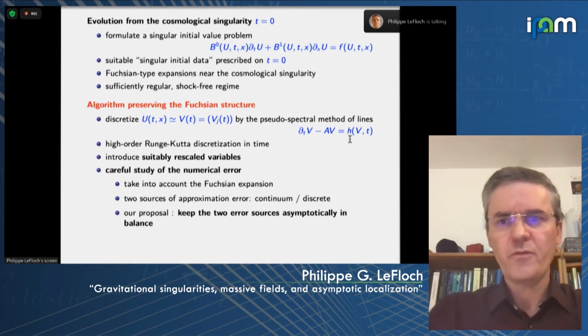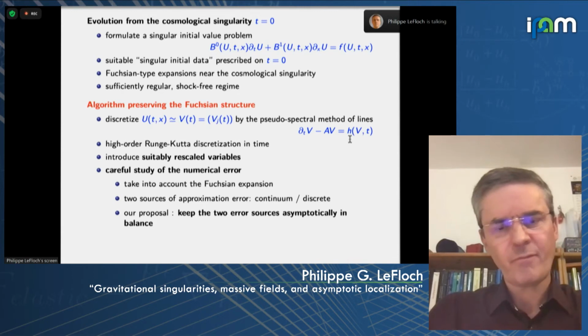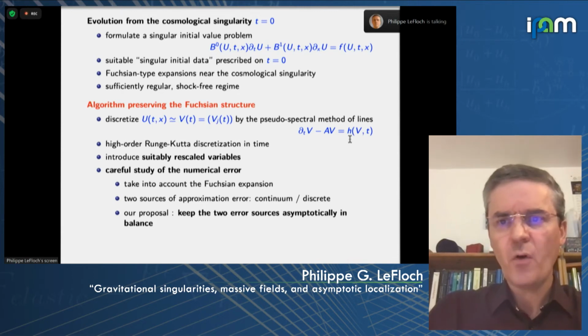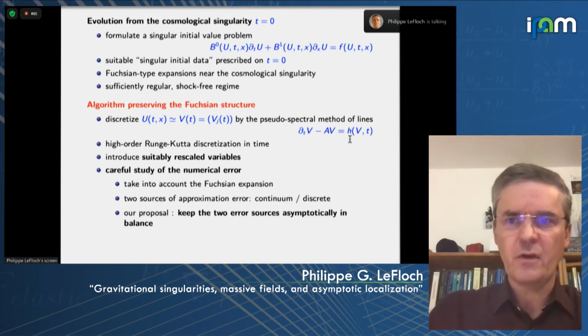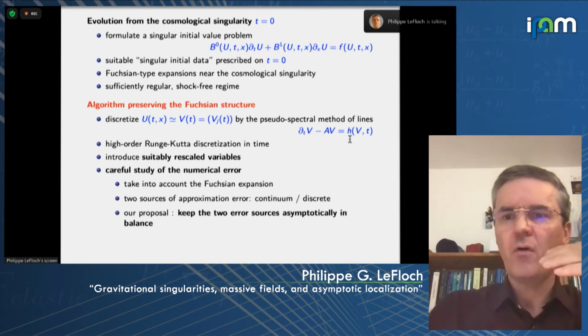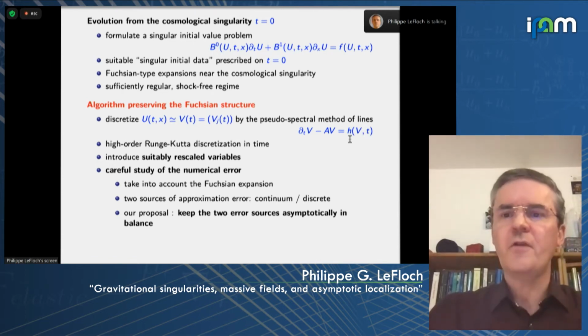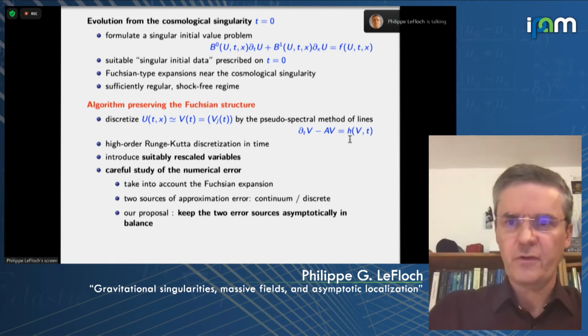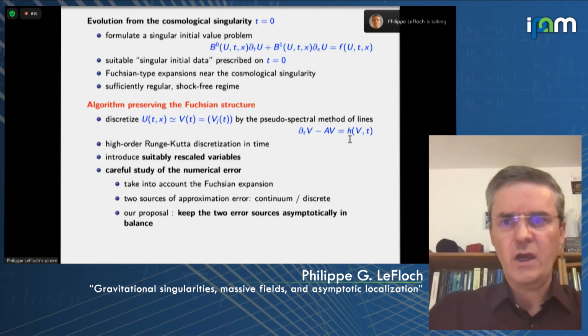One comes at the continuum level of modeling, in the sense that we cannot solve the equation exactly on the singularity. So we need to do some kind of extrapolation and solve at a small distance from the singularity. This introduces an error. And we also have a discretization error from the algorithm itself, the main part of the algorithm.